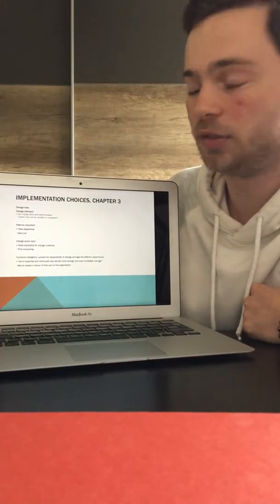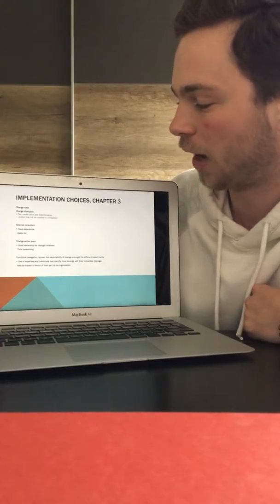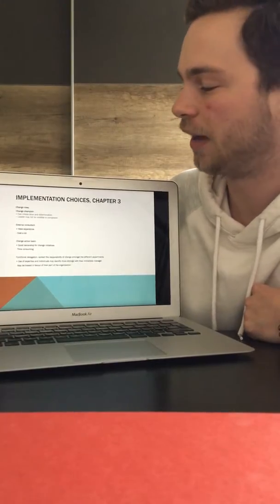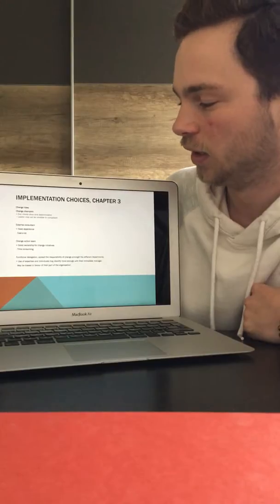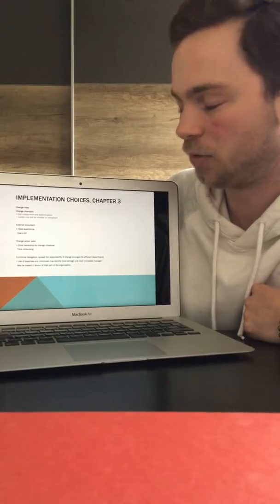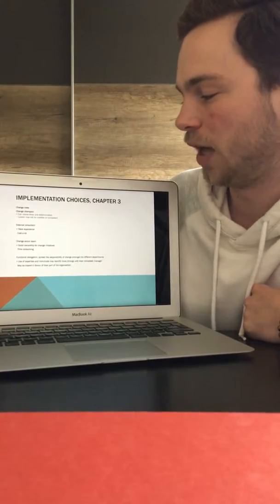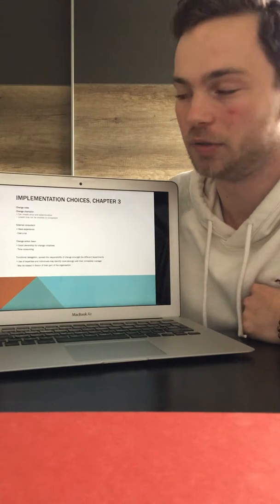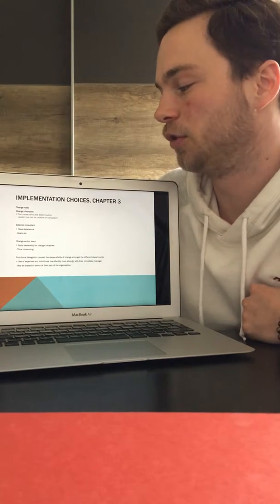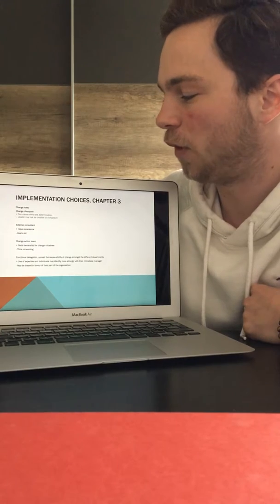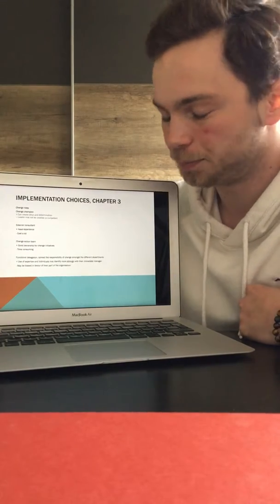The plus being it can create drive and determination, and a con is that the leader may not be credible or competent. And if you have a leader that's not credible or competent, probably no one will follow this change champion.